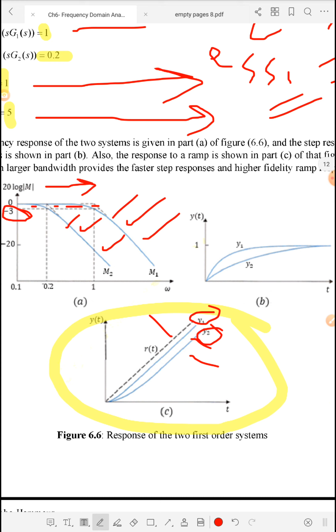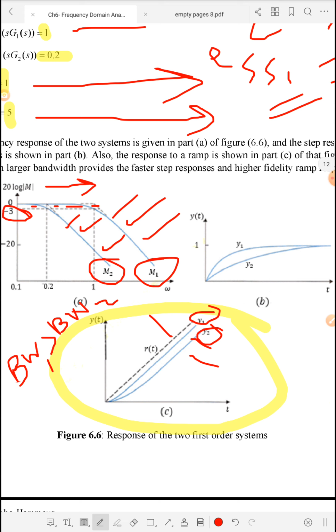So it's obvious that the bandwidth of system 1 is larger than the bandwidth of system 2. This is regarding the bandwidth.